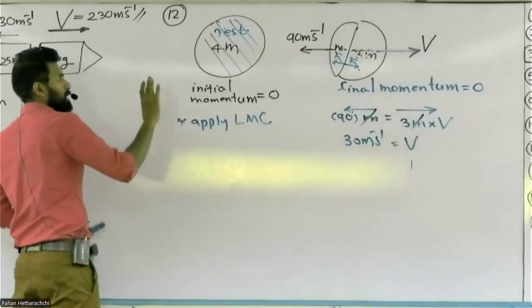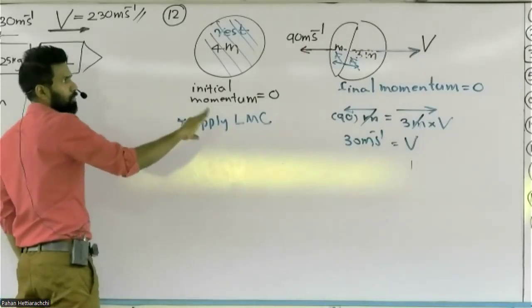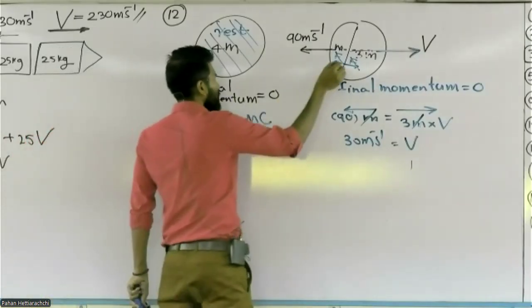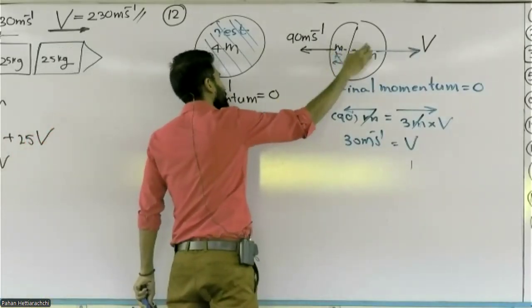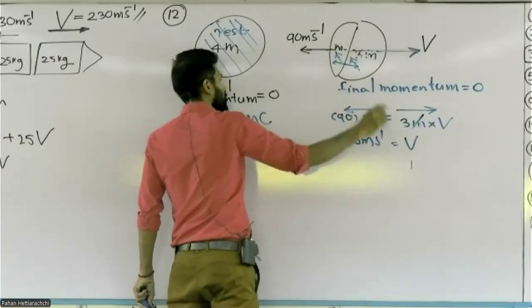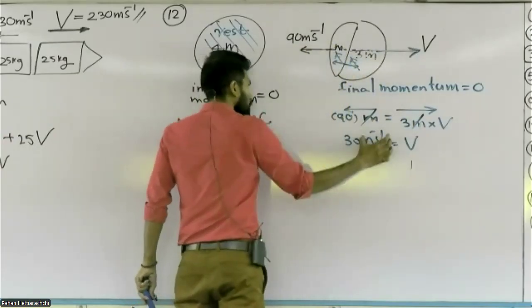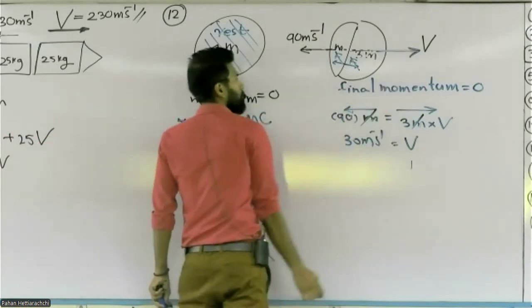If the initial momentum is 0, the final momentum should also become 0. For that, if there are two fragments, they should separate and move in exactly opposite directions, carrying the same momentum to both sides. It will make the momentums cancel out, leaving a final momentum of 0.